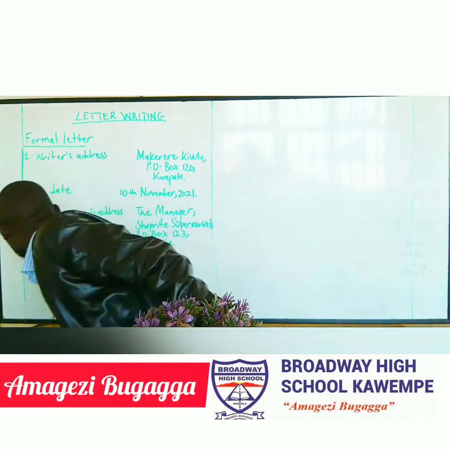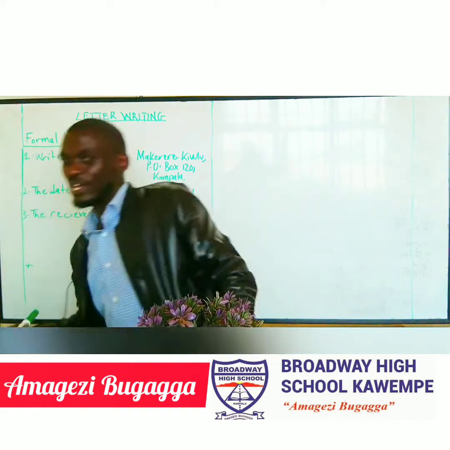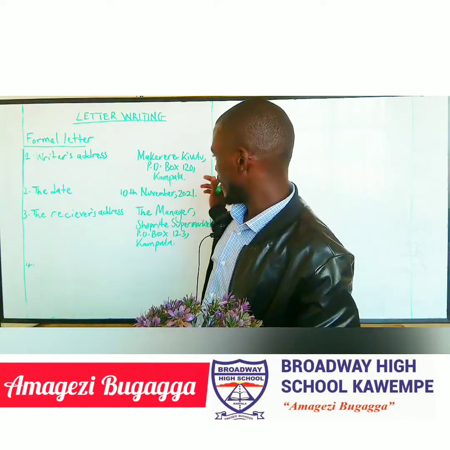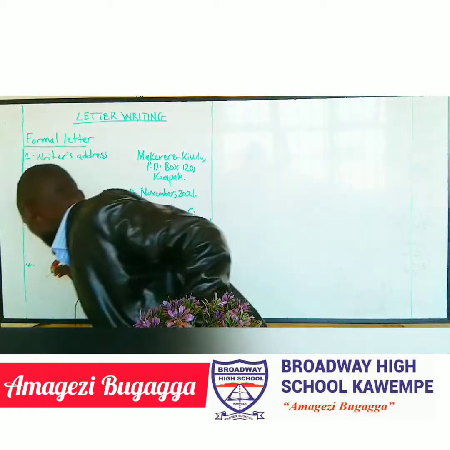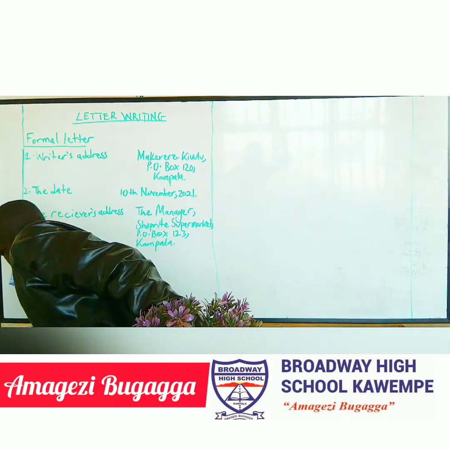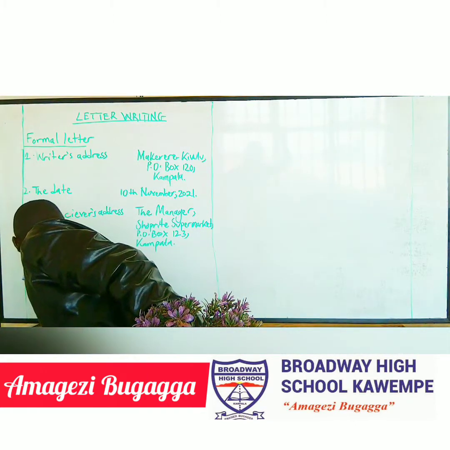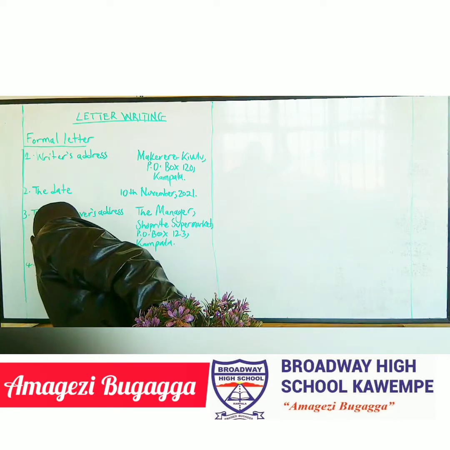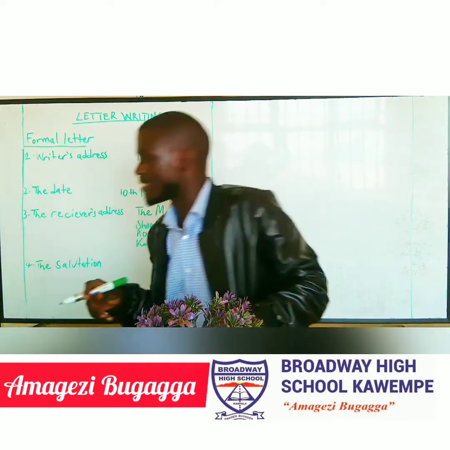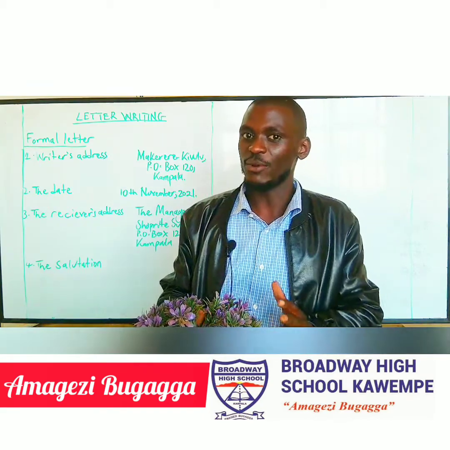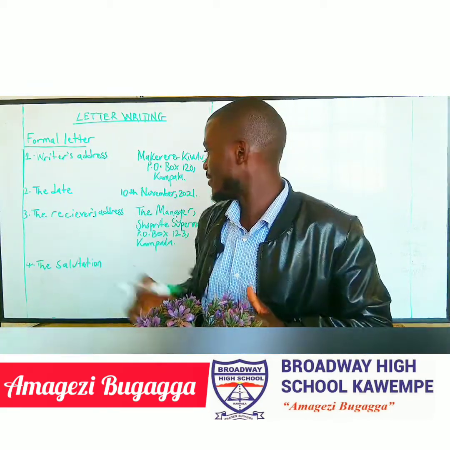Then the next item, while we are writing our formal letter, is what we call the salutation. Under the salutation, that is where we have items like dear sir, or we can have dear madam.